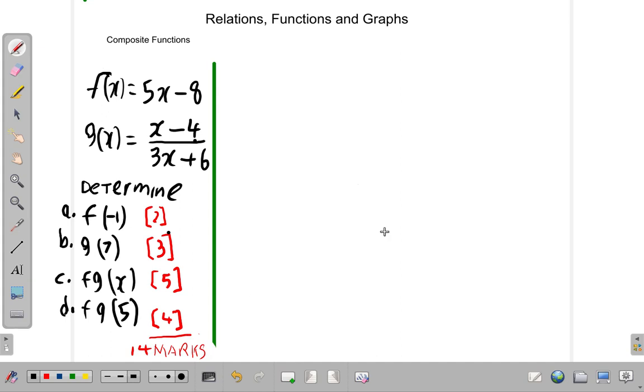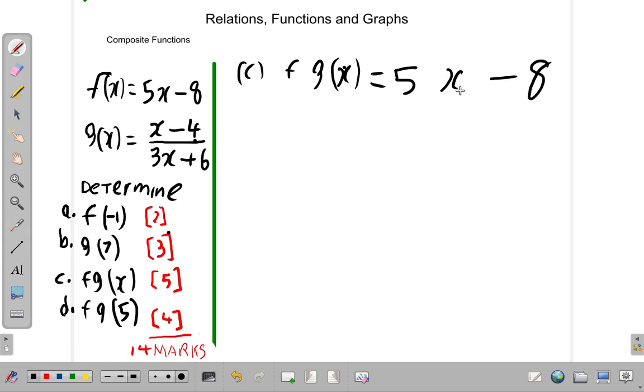Now, for part C, we have fg of x equals. Now, it's f of g of x. But f of x was 5x minus 8.